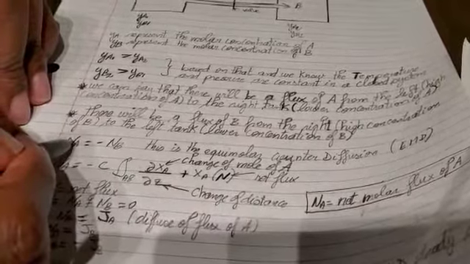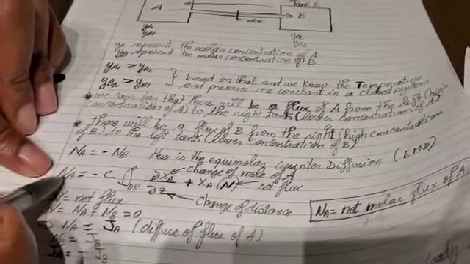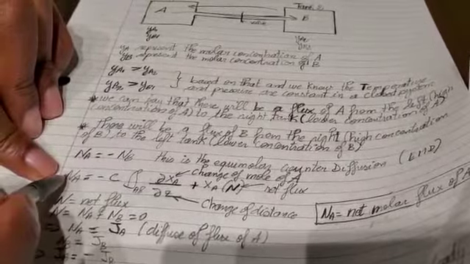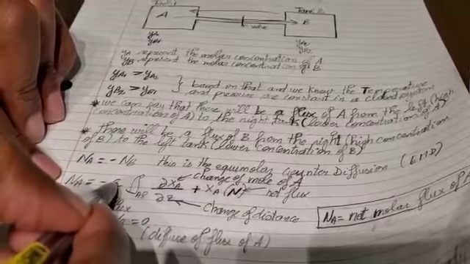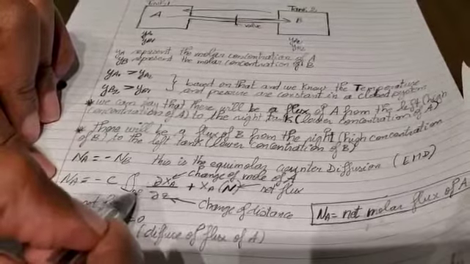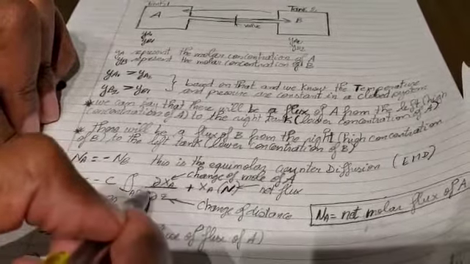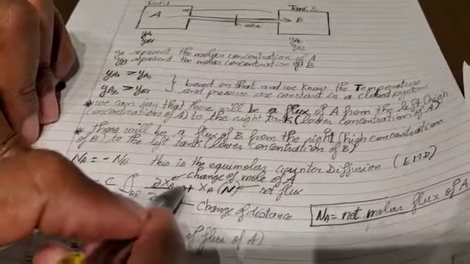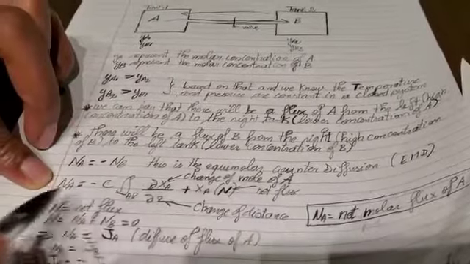We take that apart and resolve the net molar flux of A. Right here we show the calculation: NA, the net molar flux of A, is equal to negative concentration times diffusivity of A in B, times the change of mole fraction of A over the change of distance, plus the mole fraction of A times the net flux.